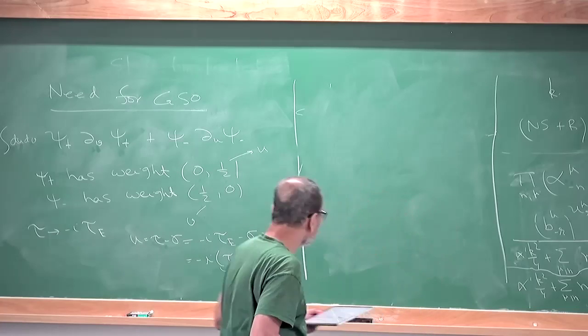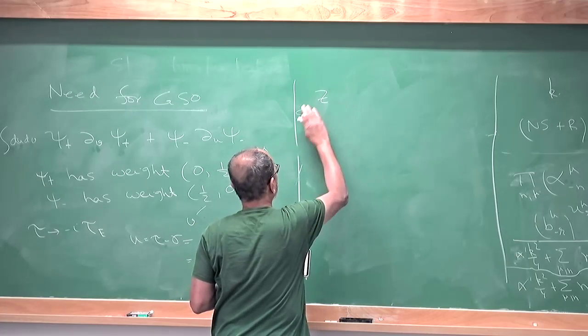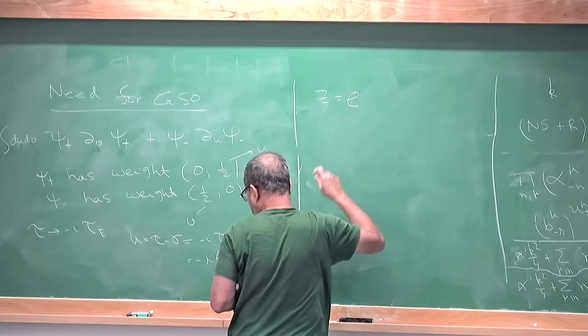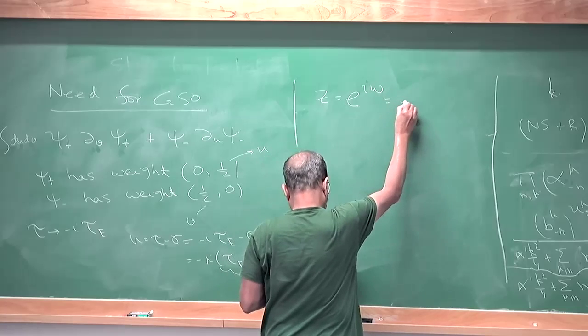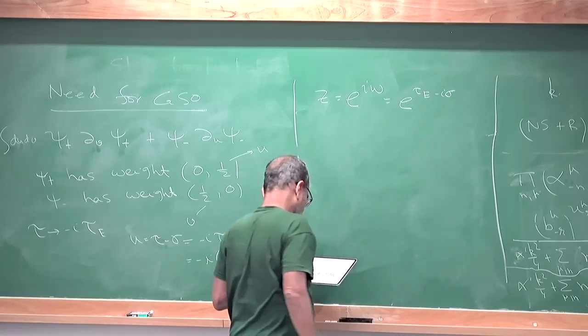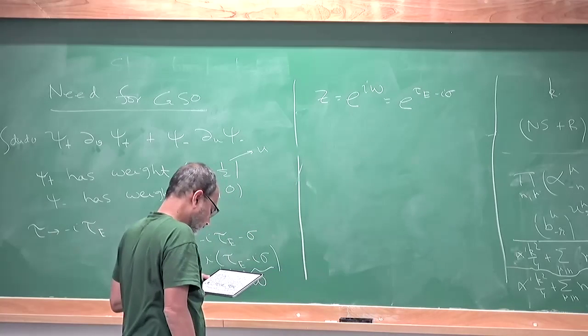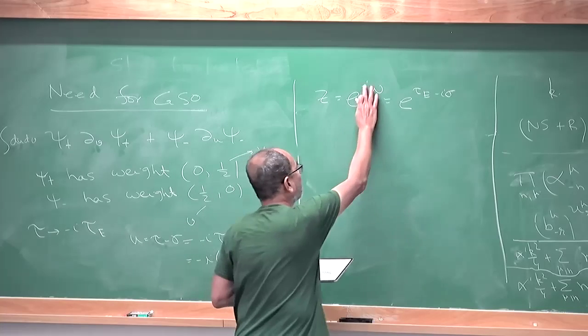Now the Z coordinate was taken to be e to the w, or e to the iw, which is e to the tau, e to the minus i sigma. Sorry, e to the w; the i you have already taken out.